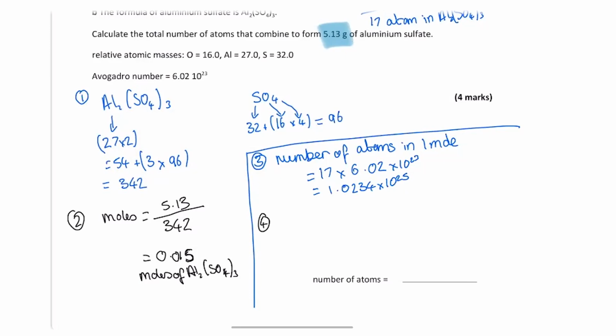So step 4 is now I'm going to work out the actual answer. I'm going to work out the number of atoms in 0.015 moles.